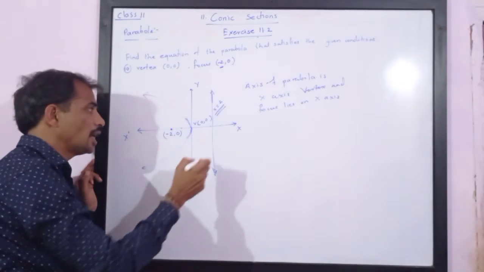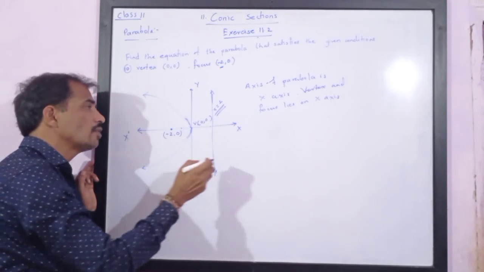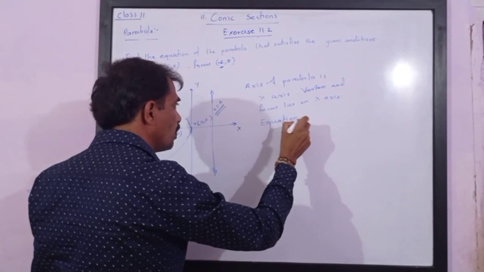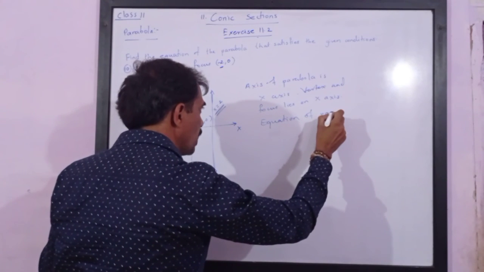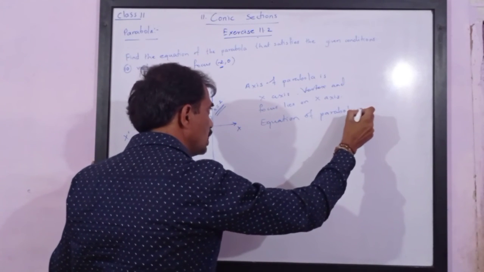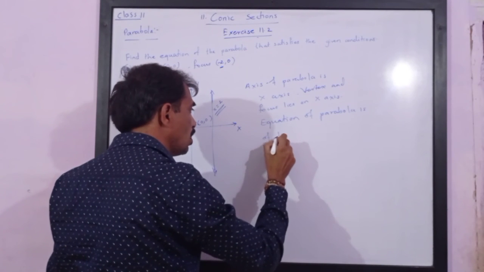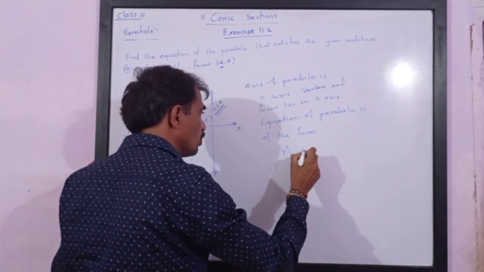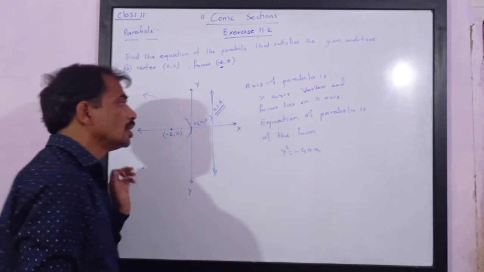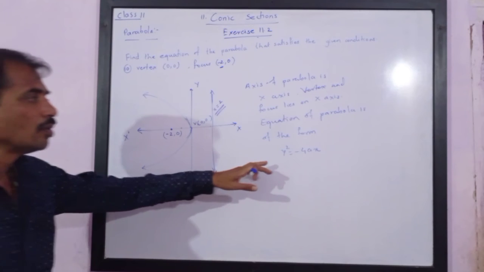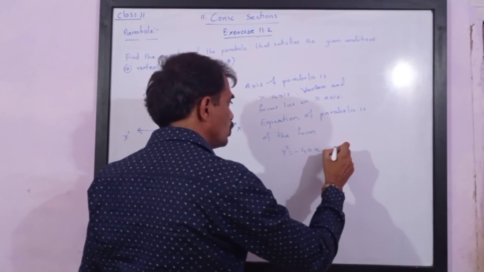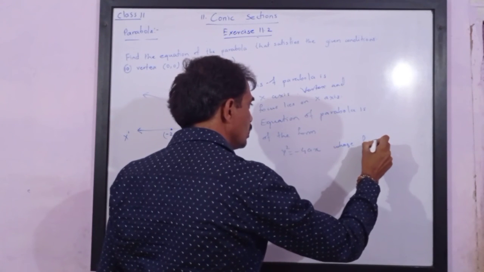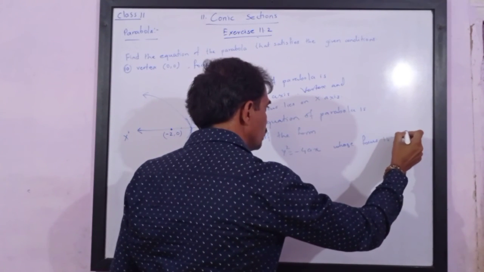If you try to plot, we will get the set of all the points which are equidistant from the focus and directrix. So here the equation of the parabola is of the form y square is equal to minus 4ax, whose focus is (minus a, 0).